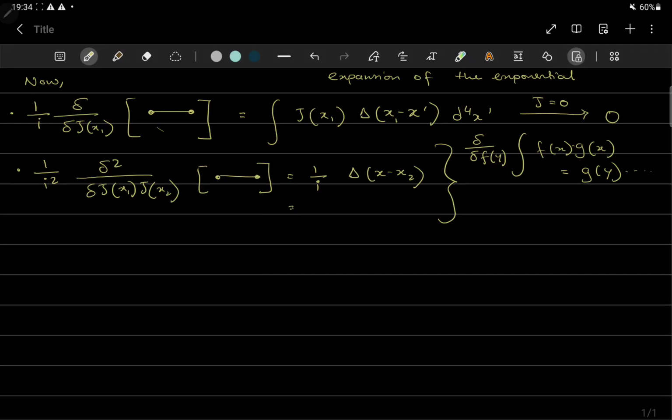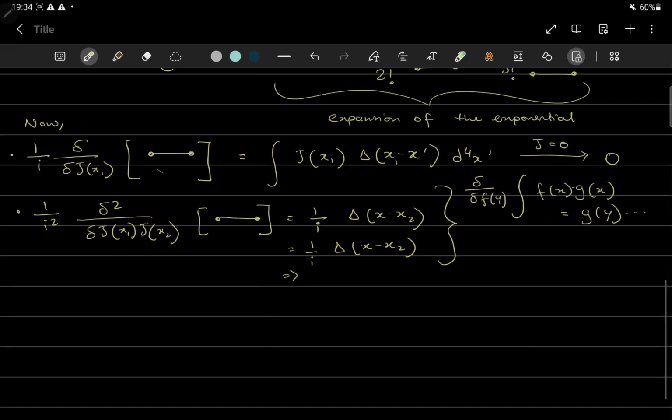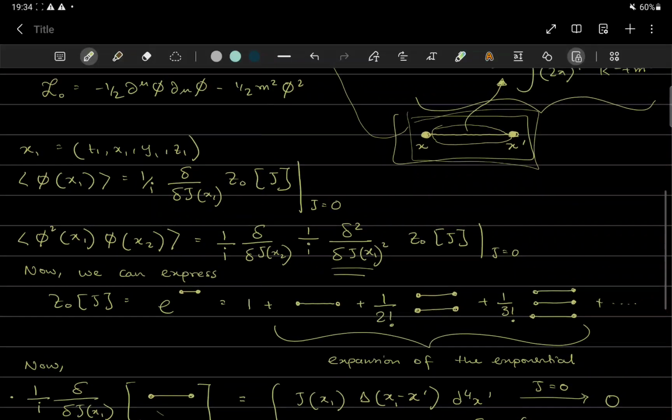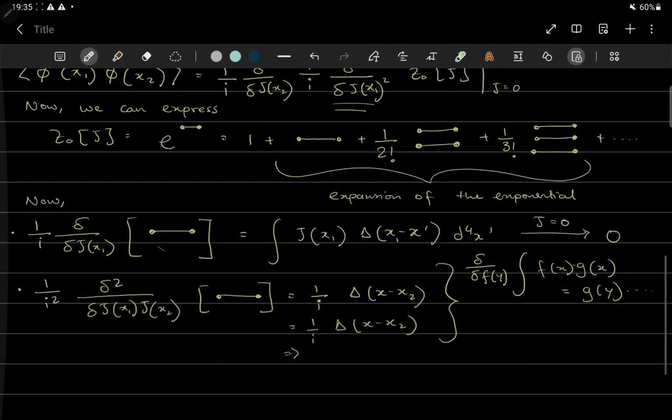We basically set j to 0, but since you see that there is no j left in this expression, this stays as is, and we have only the propagator, which we can write as the correlation function if you see the expression from here, right?